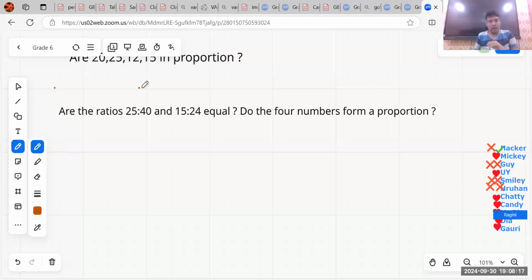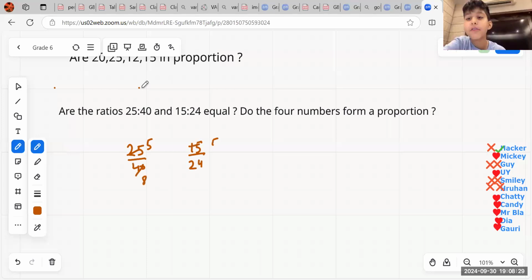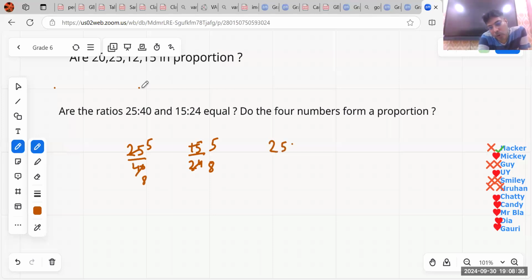Yes. So are these ratios equal? Let's check. 25 upon 40 and 15 upon 24. So this is 5 by 8 and this is 5 by 8. They are equal, and if they are equal, then they form a proportion also, because by definition, the equality of ratios is called proportion.